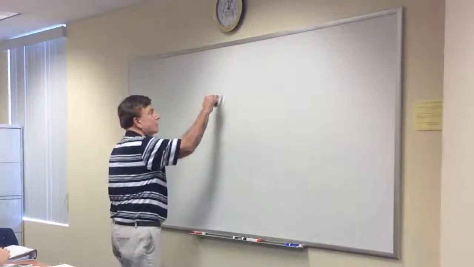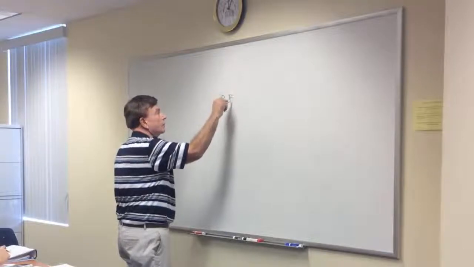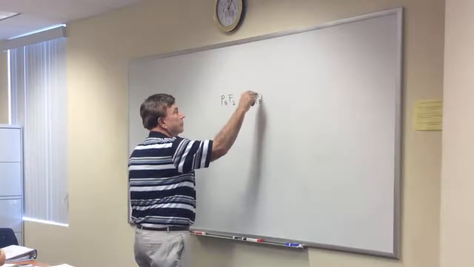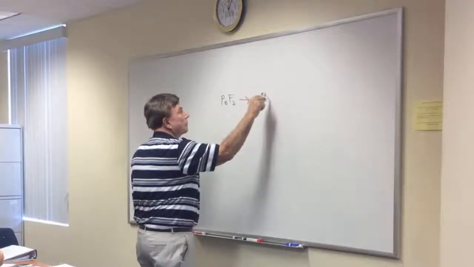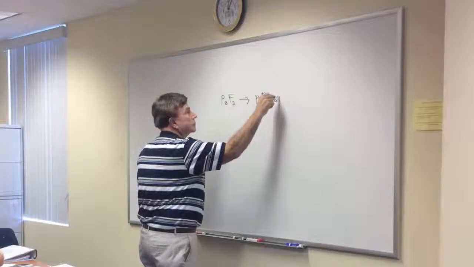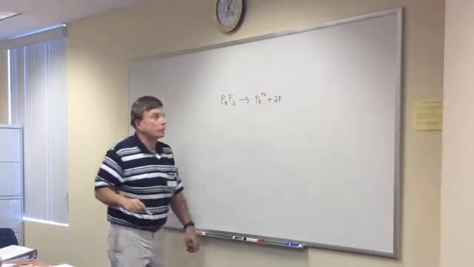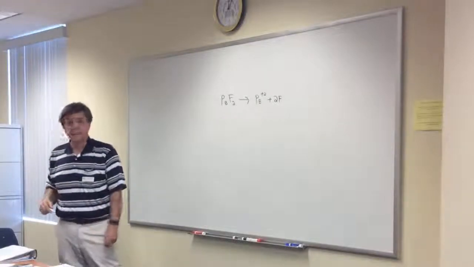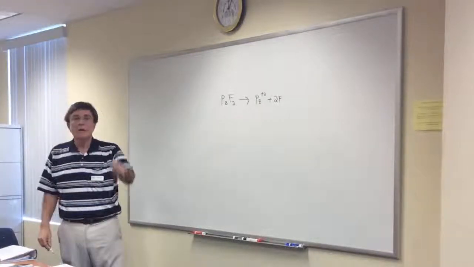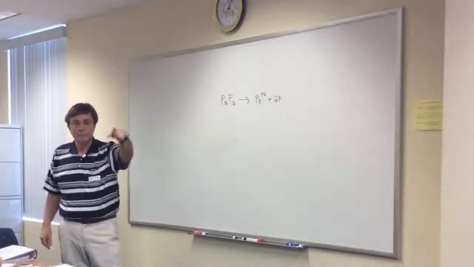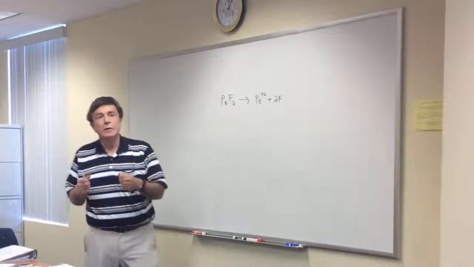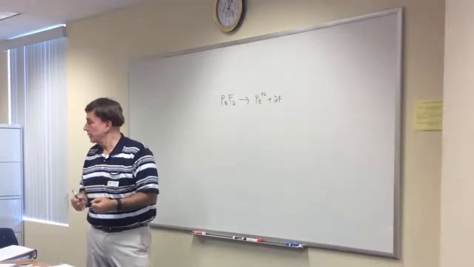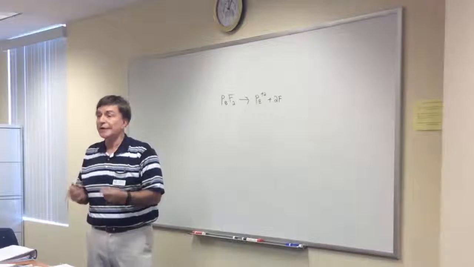So when we draw the ICE table for this, this time the initial concentration is not 0. Imagine they're putting this not into water, but into a solution that has fluoride ions.